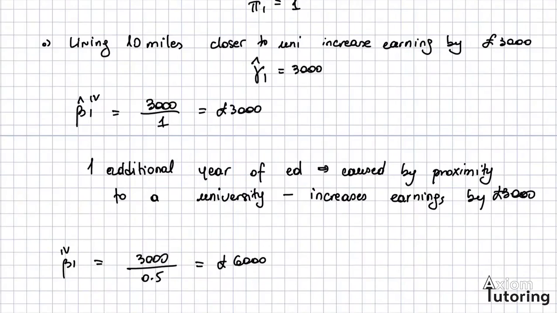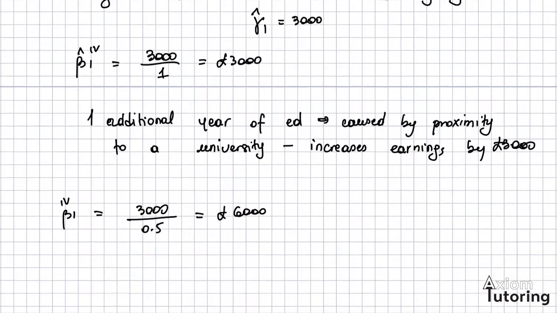Again, this is the problem of the weak instrument in a nutshell. If pi 1 hat approaches 0, then the denominator collapses and the beta IV basically explodes. That's why a strong first stage is always very desirable, almost not optional.